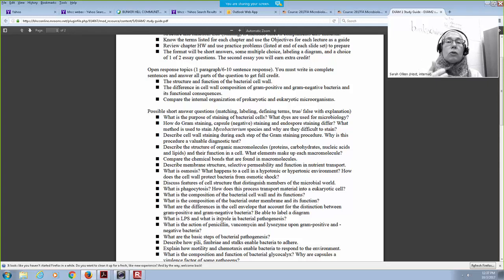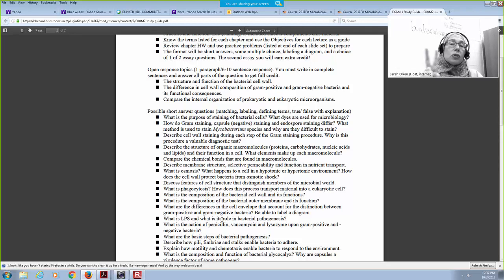Be sure that you know the 4 major organic macromolecules, so the proteins, nucleic acids, lipids, and carbohydrates, that are all necessary and found in all living things, including all microorganisms. But understand the differences. For example, where is DNA stored in a bacterium? It's a different site than in a fungal cell like yeast.